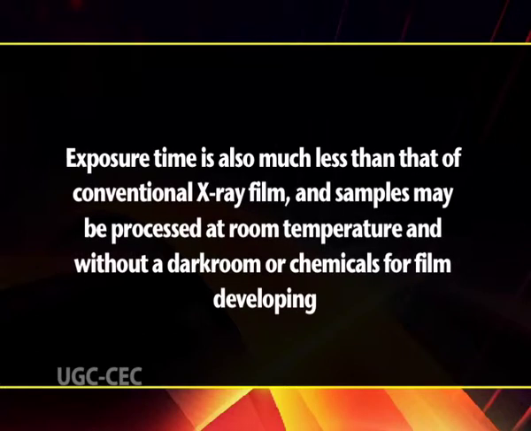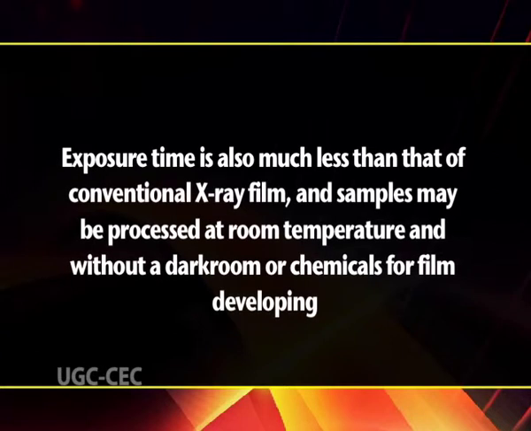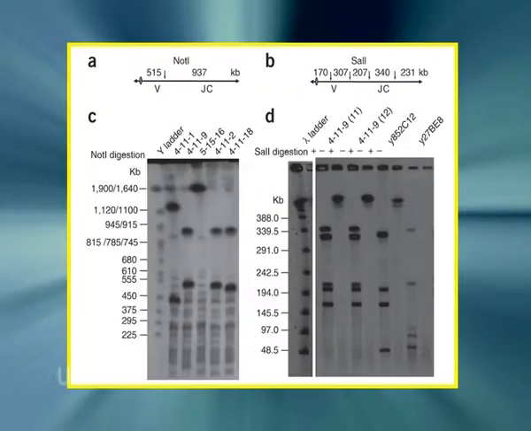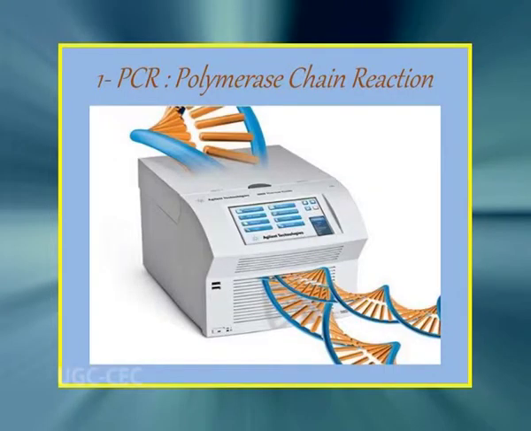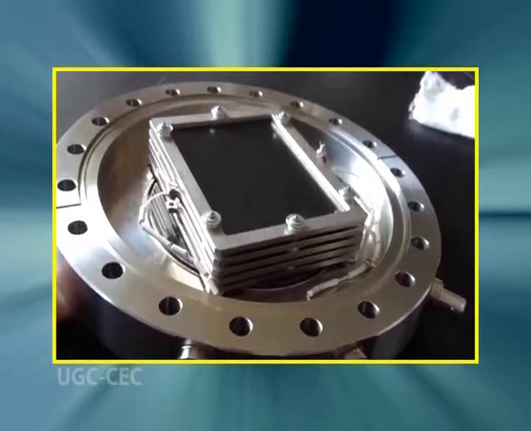The exposure time is also much less than that of conventional X-ray film, and samples may be processed at room temperature and without a dark room or chemicals for film developing. Applications of filmless autoradiography include two-dimensional gels, Southern blots, Northern blots, immunoblots, and quantitative polymerase chain reaction. Microchannel array detectors have been introduced to replace both X-ray film and phosphor screens.